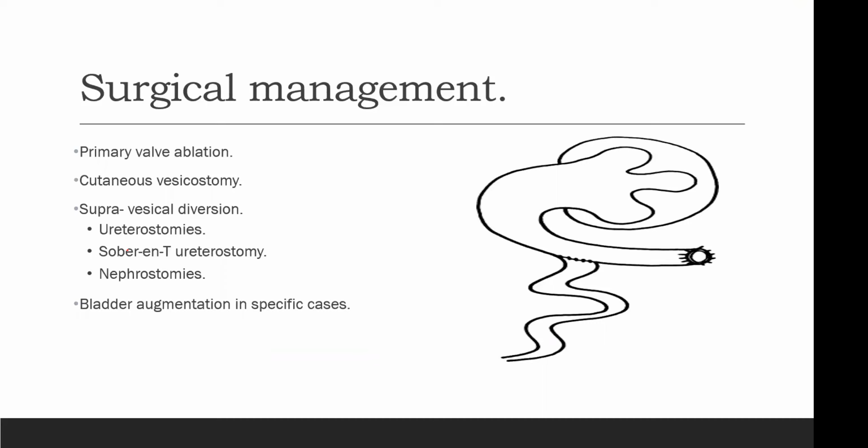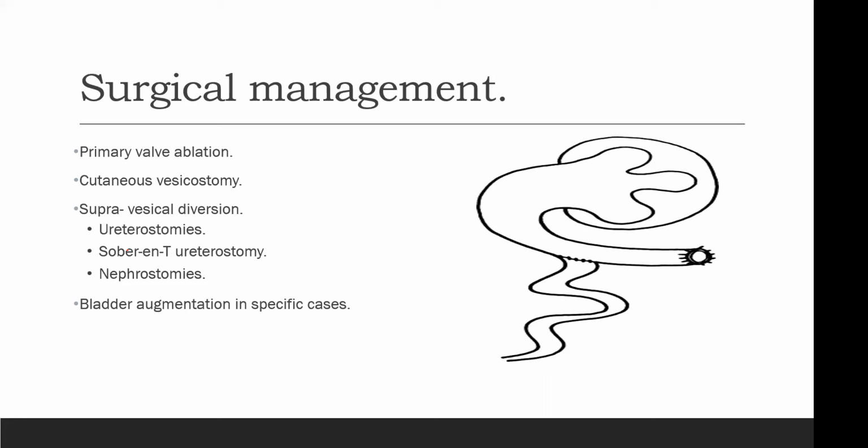So surgical management, the primary treatment will be ablation of the valves. But sometimes that's not possible, and then you will have to do a cutaneous vesicostomy. Or in other cases you're going to have to do supravesical diversions, which could be ureterostomies.